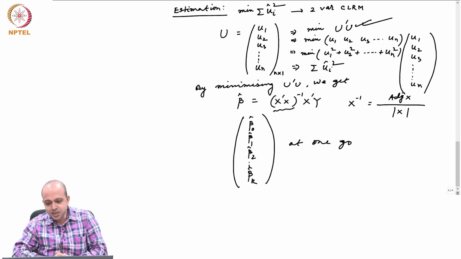We are getting it by minimizing u prime u. You take the transpose of the U matrix and minimize, and you get x prime x inverse x prime y, where x inverse is adjoint x by determinant of x. So, the determinant of this matrix should exist, otherwise you cannot estimate your beta hat.